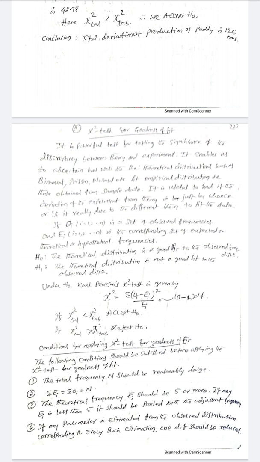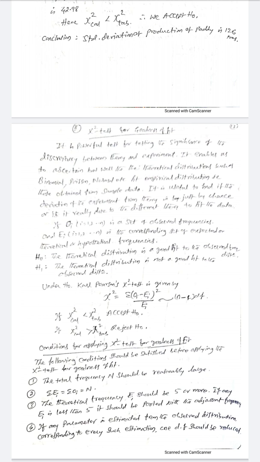It enables us to ascertain whether some theoretical distributions, like binomial, Poisson, normal, are a fit for the empirical distribution or not. So here the null hypothesis is always that the given theory is a good fit for the given data.